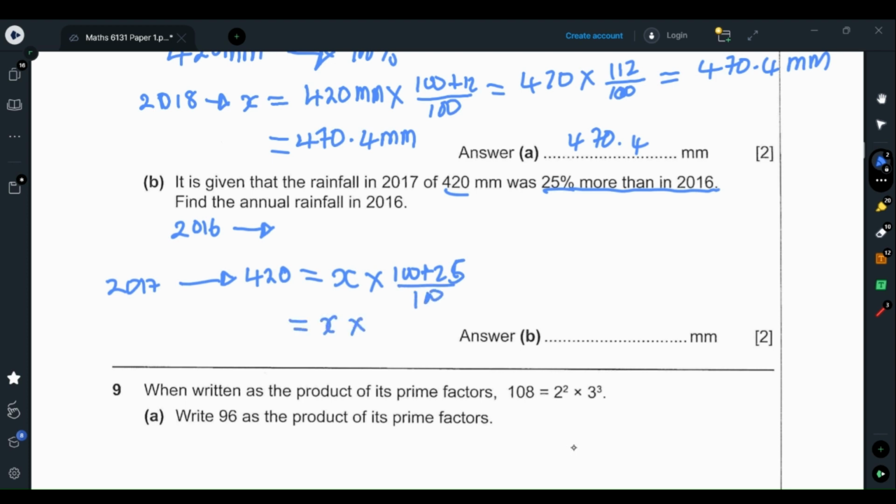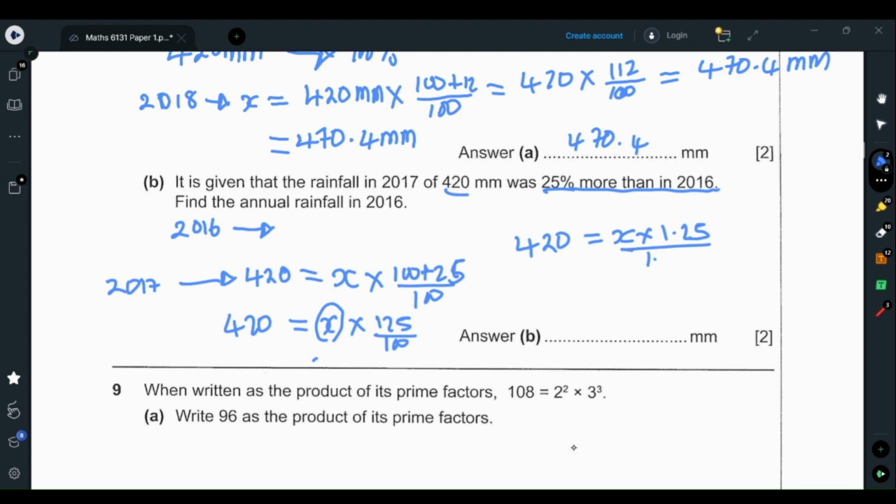x times 125 gave us 420. So now we want to find out what this x is. So here we just solve for x. 125 divided by 100 is the same thing as 1.25, so 420 is equal to x times 1.25.